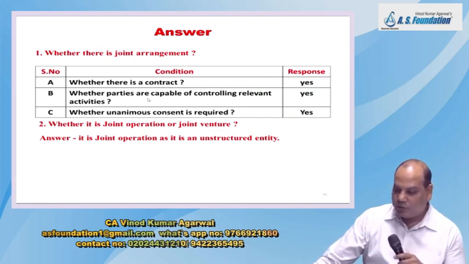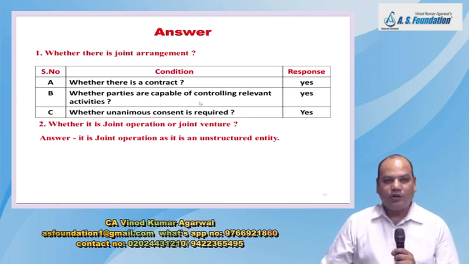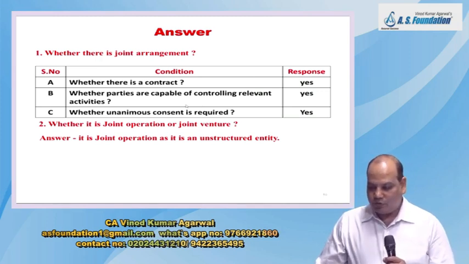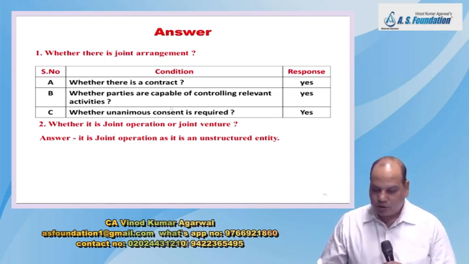Then the second question, whether the parties are capable of controlling the relevant activities. So whether there is joint control over relevant activities, yes. And third, whether unanimous consent is required.